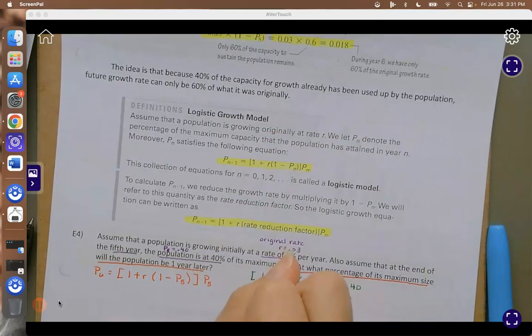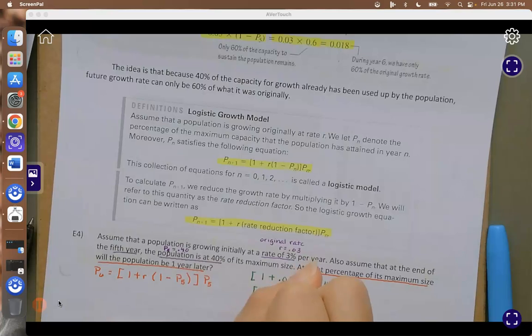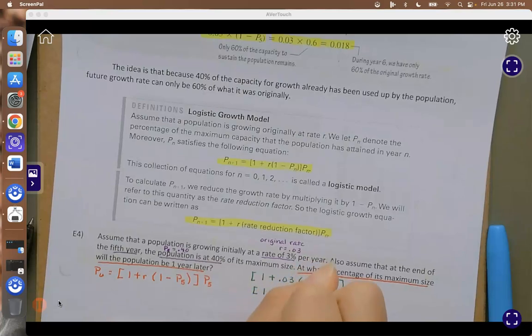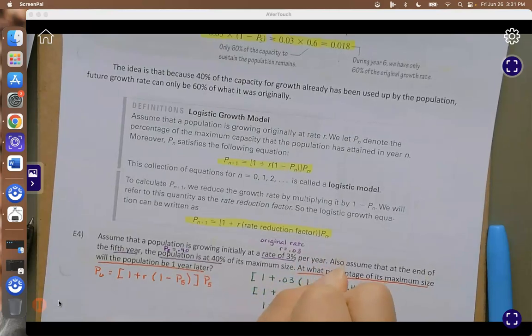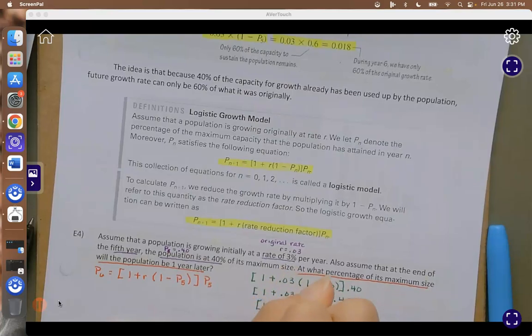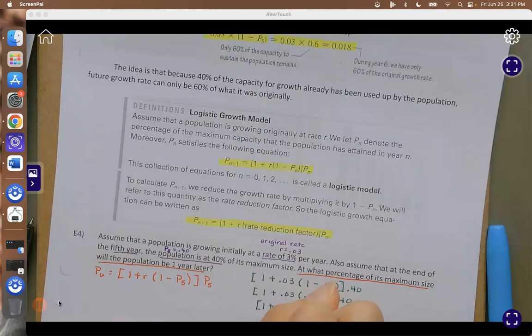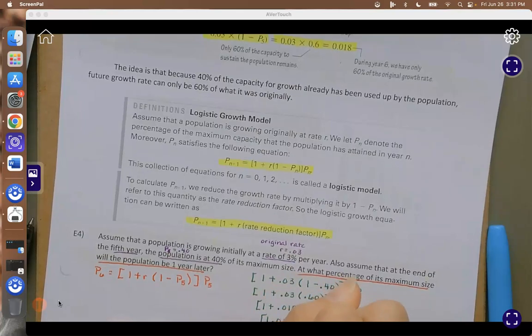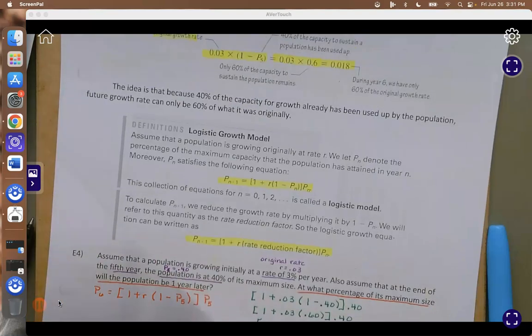So we're going to have 1 plus 0.018 times 0.40. So this is 1.018 times 0.40. So we'll get out our calculator here.